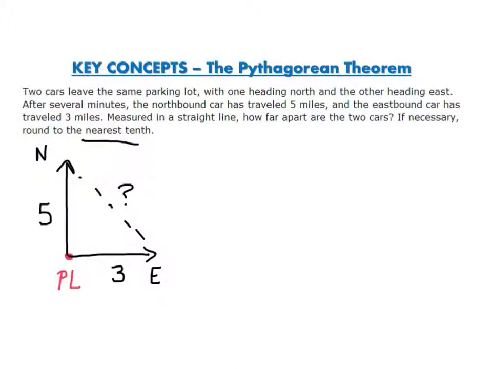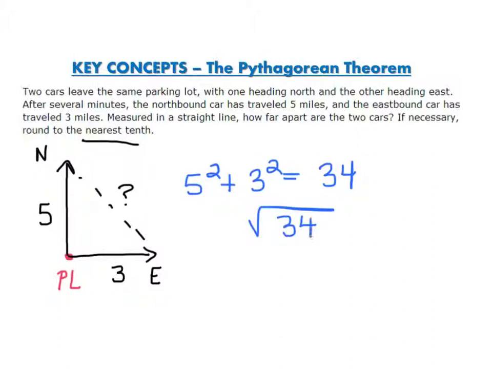So I'm going to do a squared plus b squared equals c squared. So I'm going to take 5 squared plus 3 squared, which gives me 34. When I find the square root of 34, and round it to the nearest tenth, my calculator says 5.83 and a bunch of other numbers.